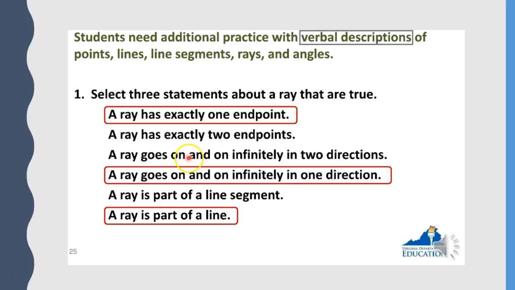A ray does not go on and on infinitely in 2 directions, because that's a line. A ray is not part of a line segment, it's part of a line. Because remember, a line segment doesn't have an arrow, but a ray does. So we need to be able to look at verbal descriptions and connect those to those vocabulary words.